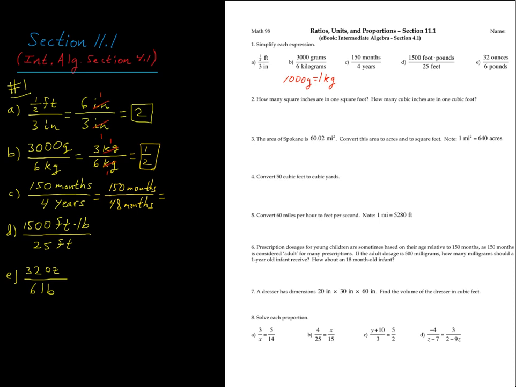Then we can divide out the common unit of months. Finally, 150 divided by 48 is 3.125.